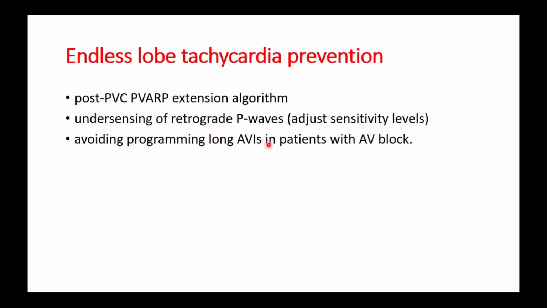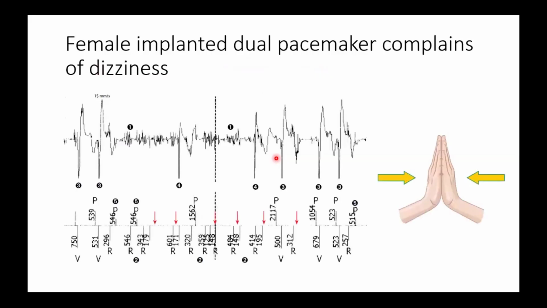Also, you should avoid programming a long AV interval in a patient with AV block, as this can initiate PMT. If you program it very long, you give the atrium time to repolarize and allow for a retrograde conduction.